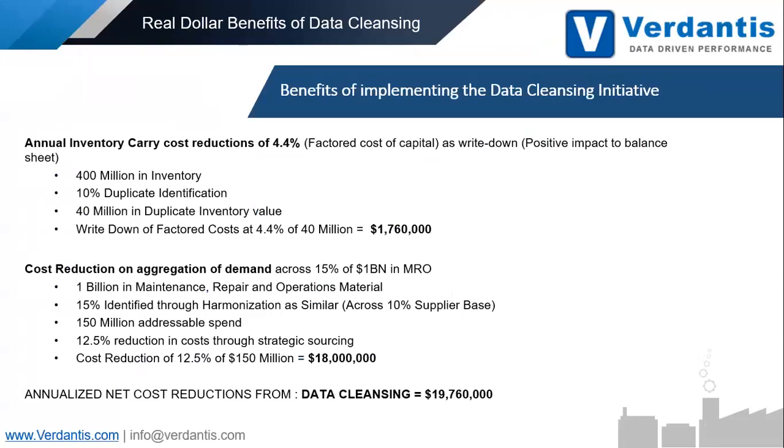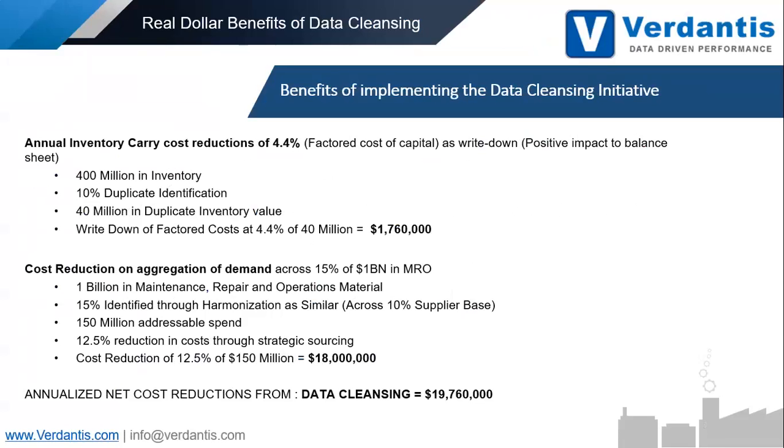That's an annual savings that's reoccurring, as long as they stay on top of making sure they don't duplicate their database again. The second area they looked at was in the area of aggregation of demand.